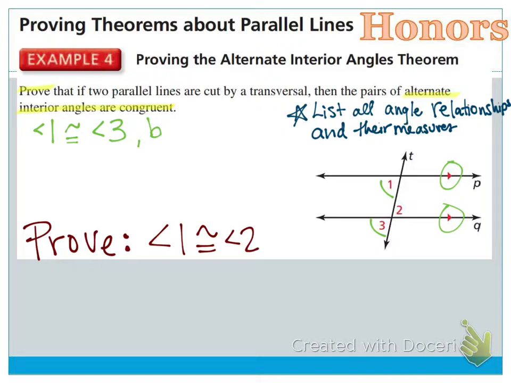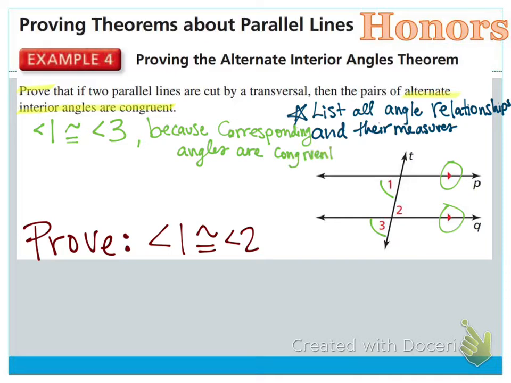The angle relationship is because they're corresponding. We'll say because corresponding angles are congruent.